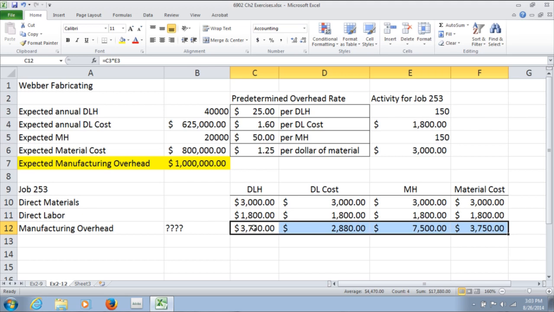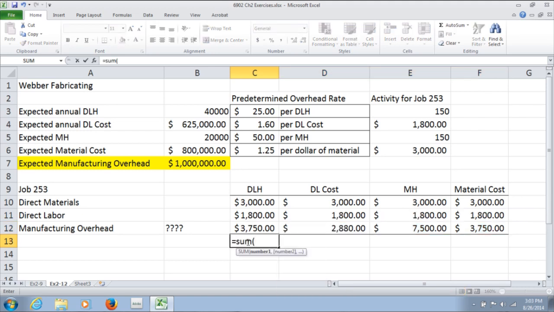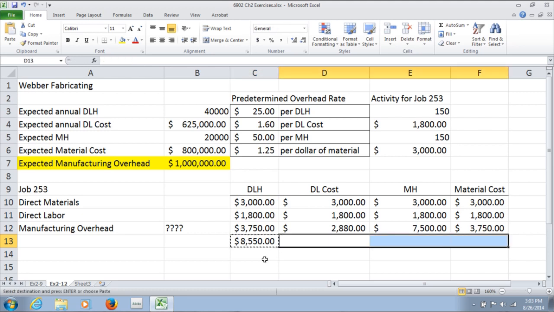So when we look at the total job cost here, it would be $8,550 under direct labor hours, as well as material cost. But machine hours gives a much higher estimate, and direct labor cost gives a lower estimate.